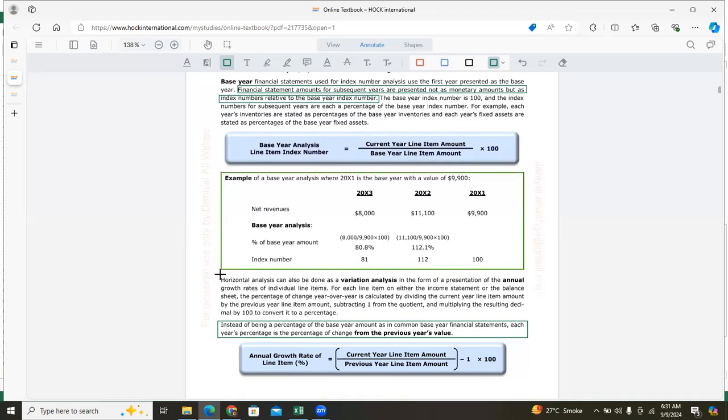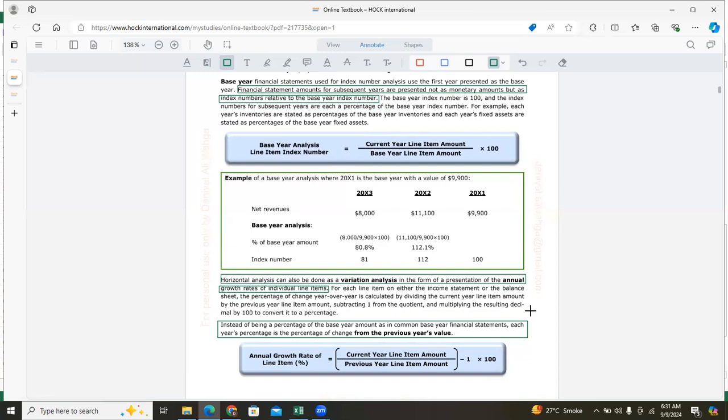It explains that horizontal analysis can also be done as a variations analysis, in the form of presentation of annual growth rates of individual line items. So we would be looking at annual growth as it relates to individual line items.